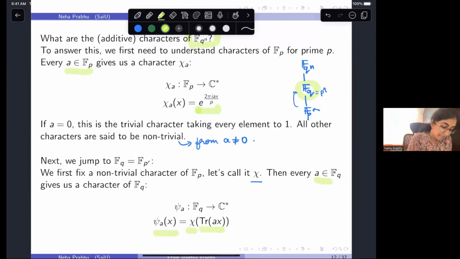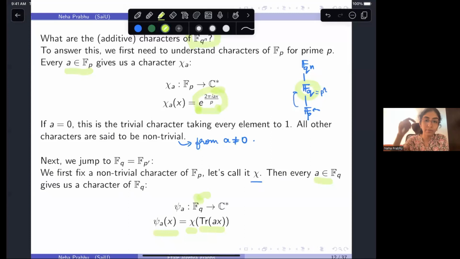In some sense, we're going back to this exponential here, except here a is actually a number between 0 and p minus 1, so it's all fine. But when we are here, this is a finite field which is not a prime field.